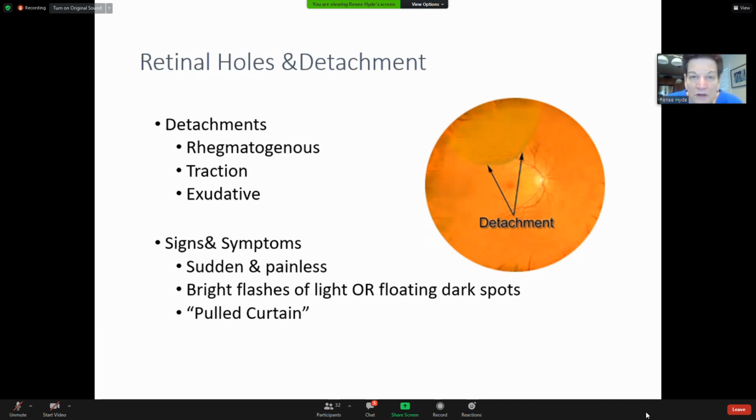Think about back in the day when we were able to go see plays and the curtain would come down or the curtain would pull from right to left. And what you see is a curtain has sort of come across their vision. So it's described as that pulled curtain, bright flashes of light, and it's very sudden loss of vision.